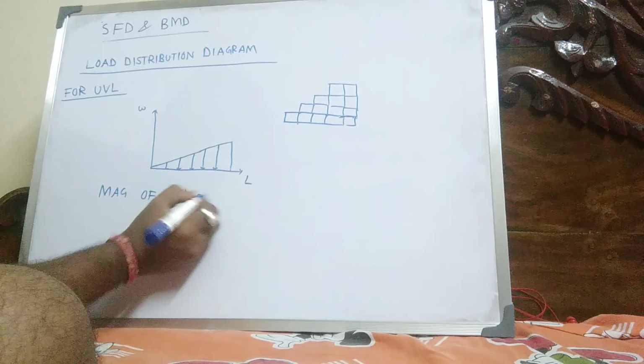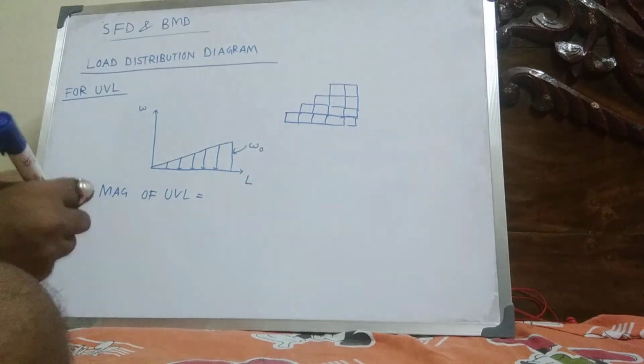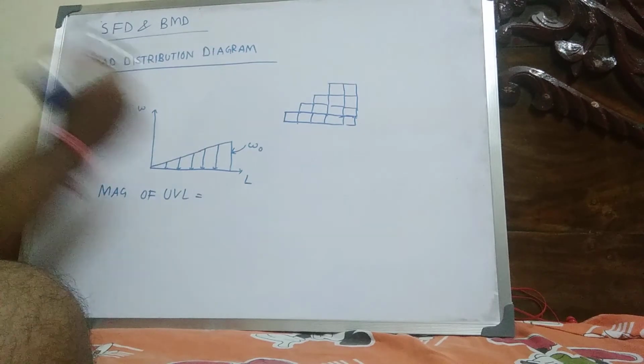The magnitude of UVL: this is small w naught, and this is a triangle.